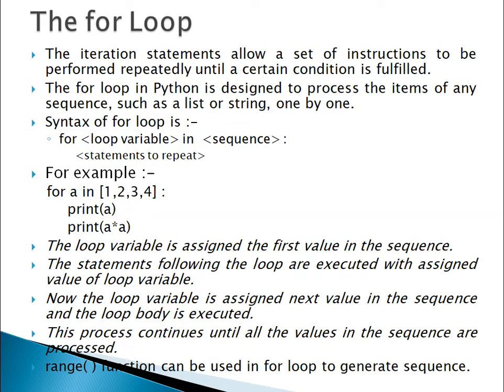Now we are aware of the use of the range function, so we can get to the first loop in Python, that is the for loop. The iteration statements allow a set of instructions to be performed repeatedly until a certain condition is fulfilled.